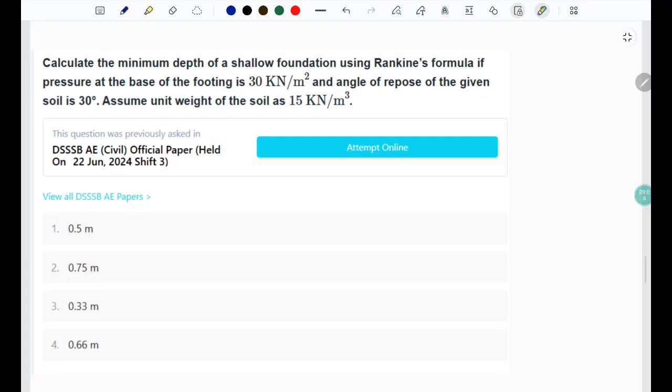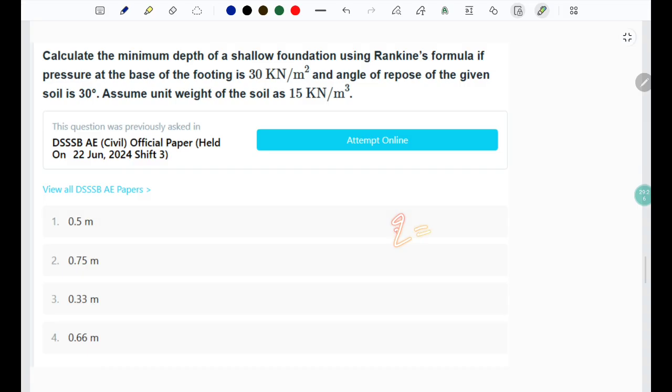Then comes: calculate the minimum depth of a shallow foundation using Rankine's formula. We know that the Rankine formula is Q equals gamma H times (1 minus sine phi) upon (1 plus sine phi), and what they have given us is the pressure and the angle of repose.